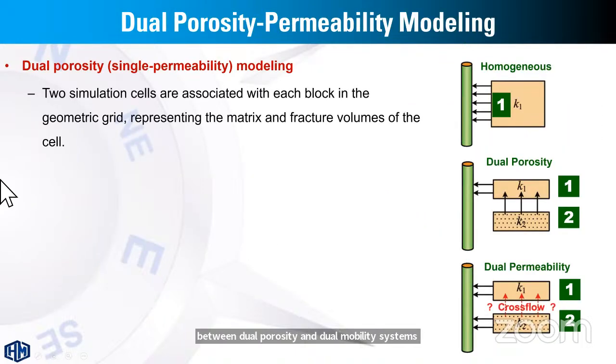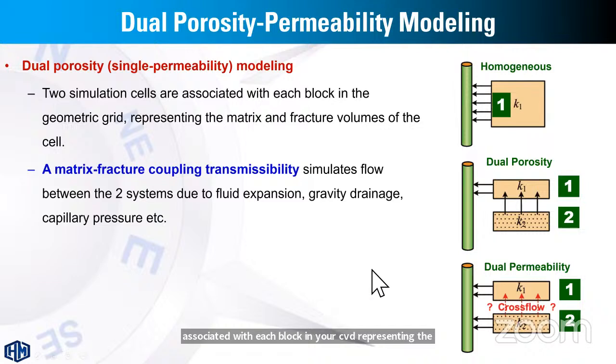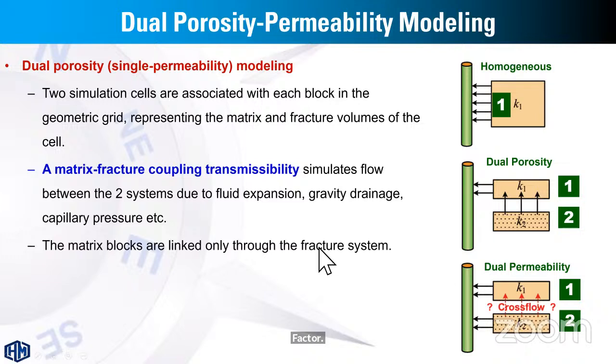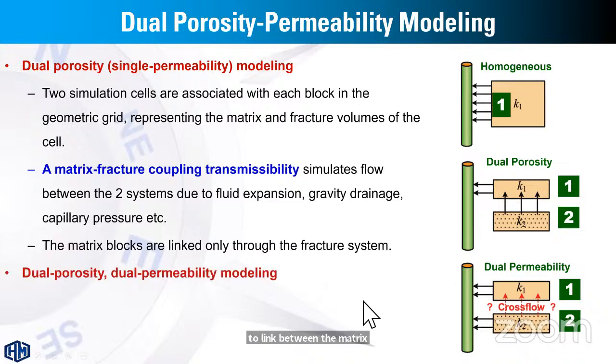In reservoir simulation, dual porosity modeling means we have two simulation cells associated with each block in your 3D grid, representing the matrix and the fracture network. In that case, we have a matrix-fracture coupling transmissibility, defined by the sigma factor, to link the matrix blocks and the fracture network.